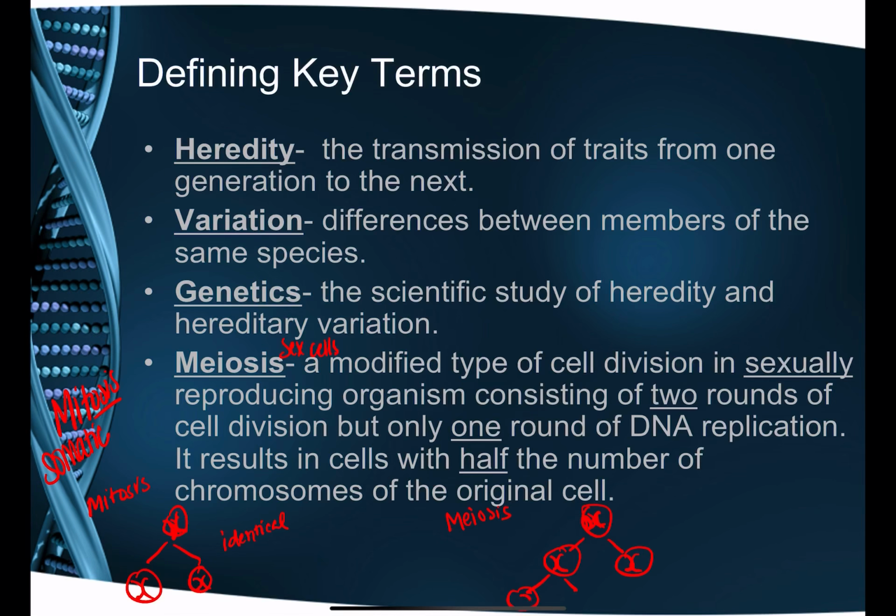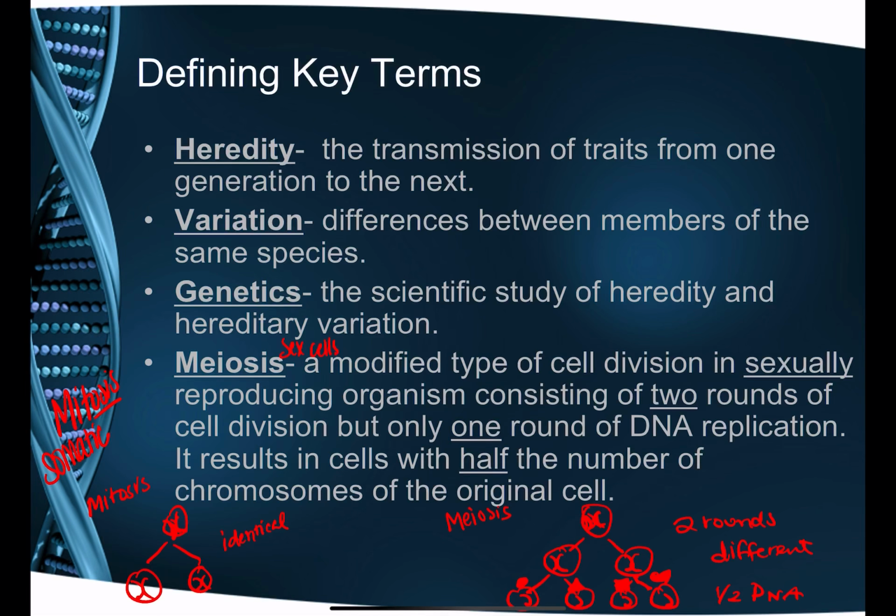And then when it divides again, you get 4 cells. And each of them only has 1/2 of the chromosomes, so they have half of the amount of the DNA. There's 2 rounds of cell division, and each cell is genetically different. So I'm going to put a triangle on this one, a circle on this one, a square on this one, and a heart on this one, just to symbolize them as being different, okay?